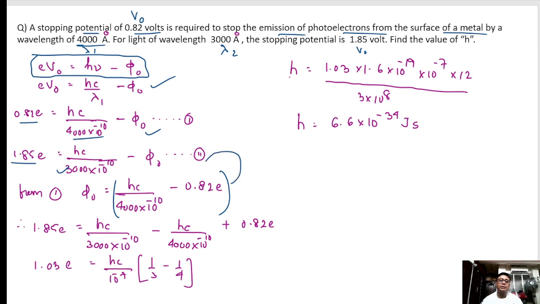On calculating this, we get these values. Now they are telling us to find the value of h, so from here we can calculate h, and this is the actual value of h.